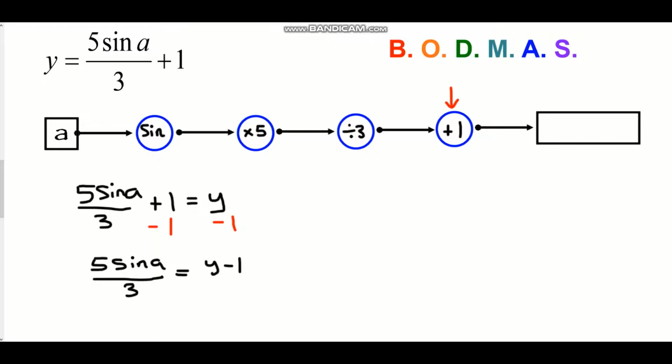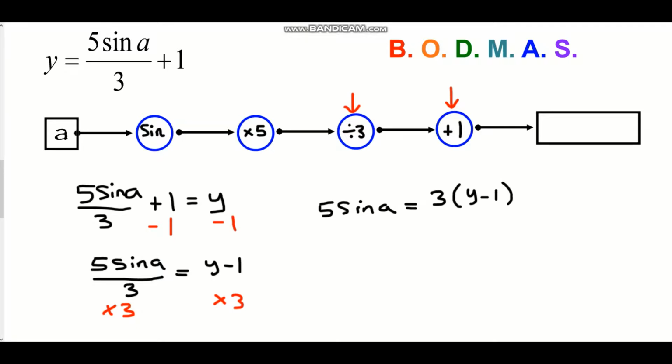The next thing I want to undo is the divide by 3. I'm going to times by 3 on both sides because that's the inverse operation. So multiply by 3 here, multiply by 3 here. And I get that 5 sine A on its own is equal to 3 lots of y minus 1.